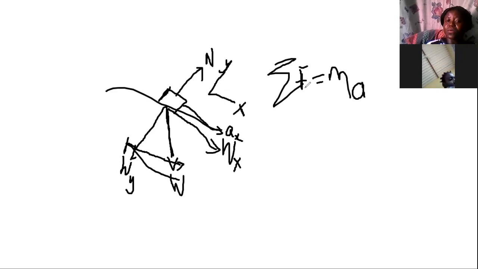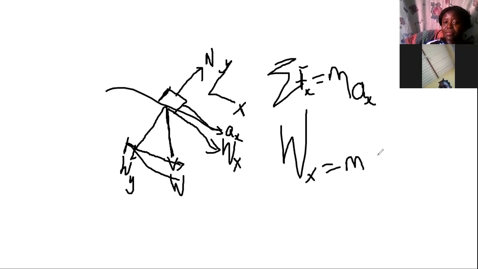And we will only concentrate on the forces in the x. So what are the forces acting in x? We only have the weight, which is acting on the x, equal to the mass times the acceleration in the x component.